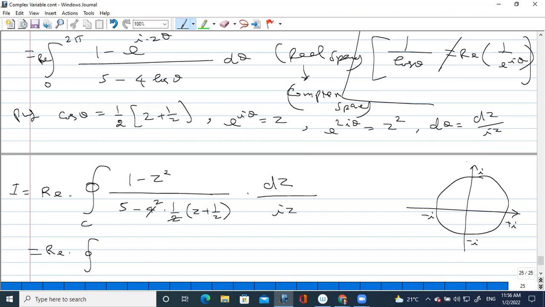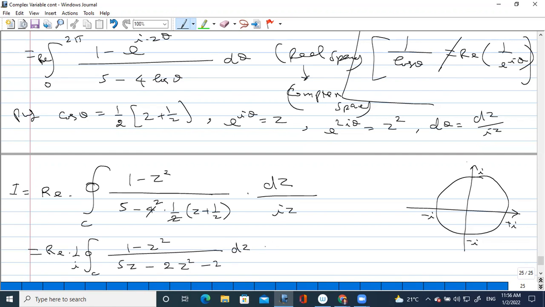So what will it become? Real part of closed integral 1 minus z square divided by 5z minus twice z square, minus 2. I will take here, no role of i here. So minus twice z, and z multiplied by z square. z to z cancel and minus 2. This is the equation. But I want z square in the first term, so that replacement I have to do.